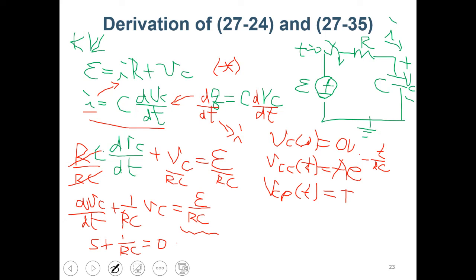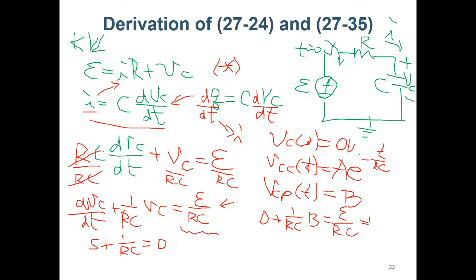We substitute Vc equals B in here, so that the first derivative of B is 0, and then plus 1 over RC times B equals E over RC, so that we have B equals E.